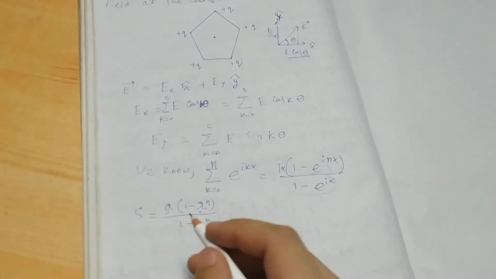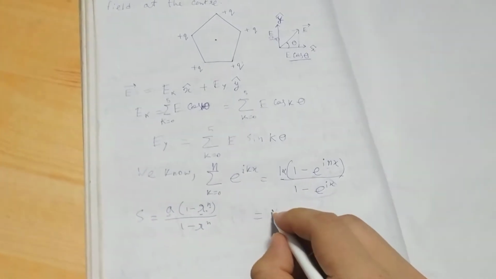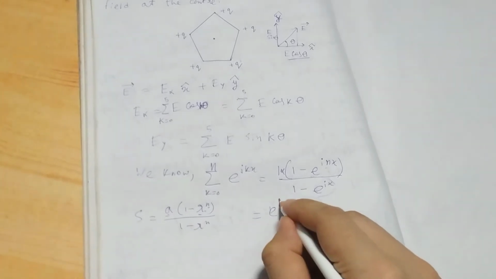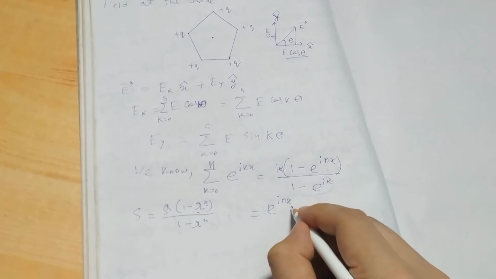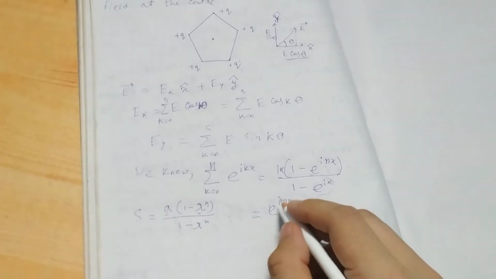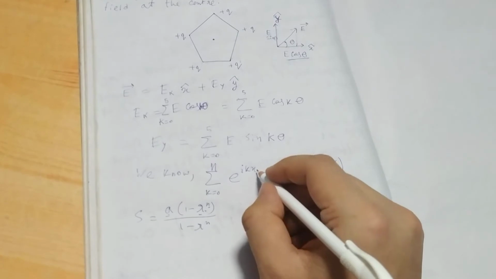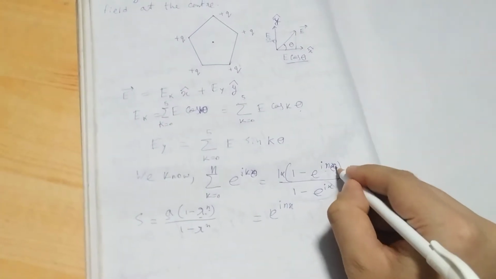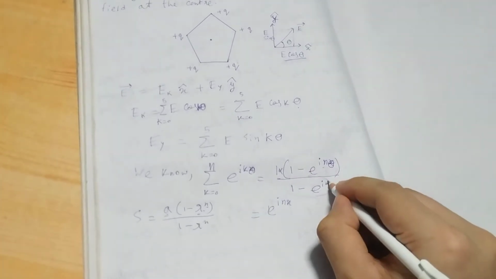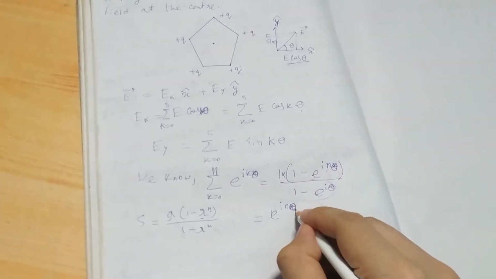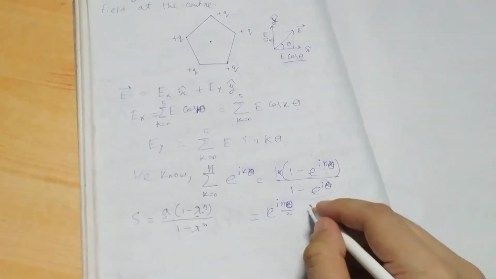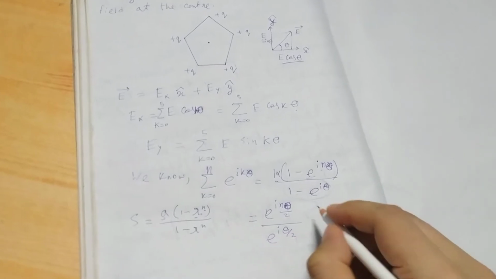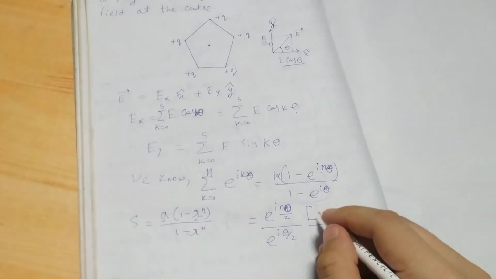So let us continue. Let us write this with theta, I'm sorry, these are all thetas. So e to the i n theta by 2 by e to the i theta by 2, and here is a trick.